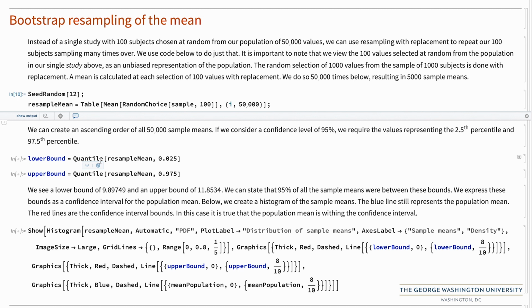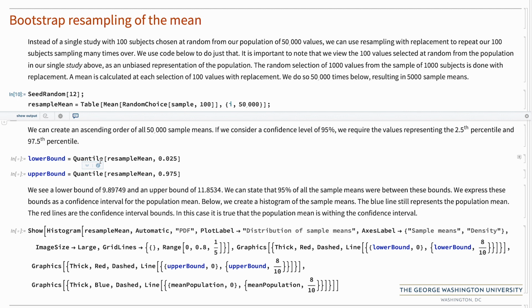Apologies for using percentile and percent, those words so close to each other. If I were to think of the 2.5th percentile value, that would mean 2.5% of the values are less than that value and 97.5% are more than. And for percentile 97.5, it means 97.5% of the values are less than and only 2.5% are more than.